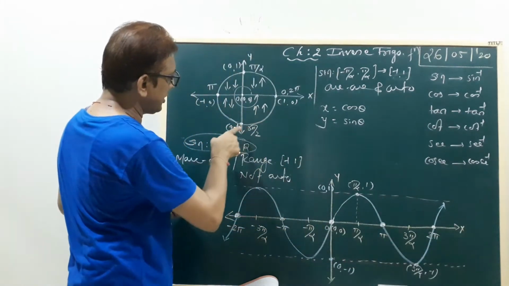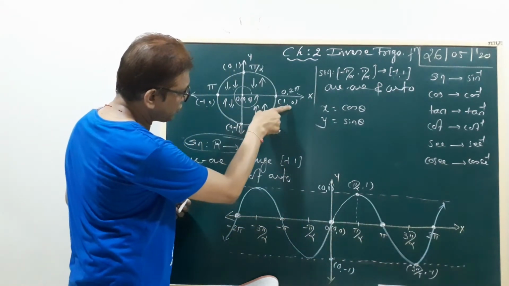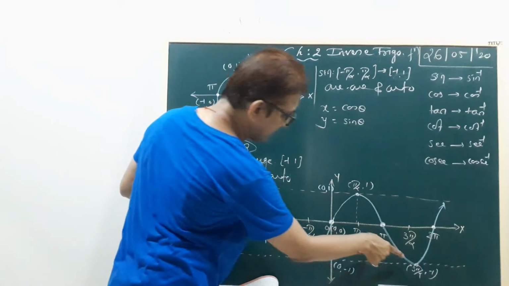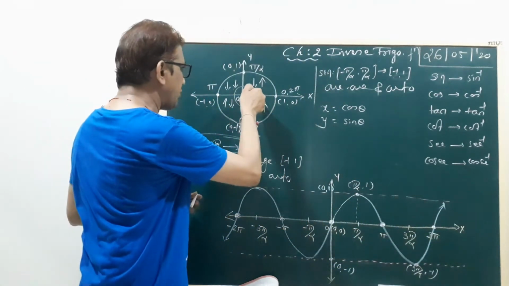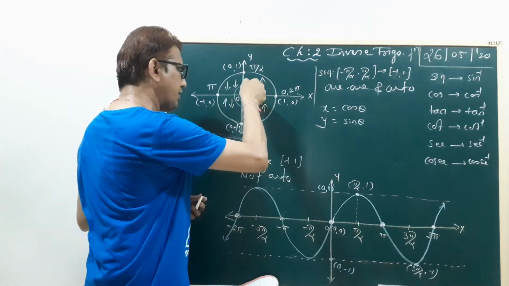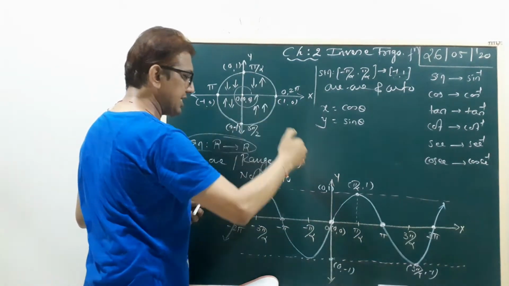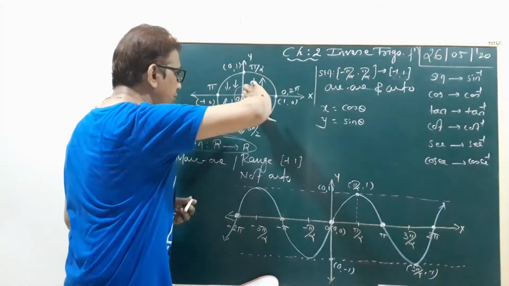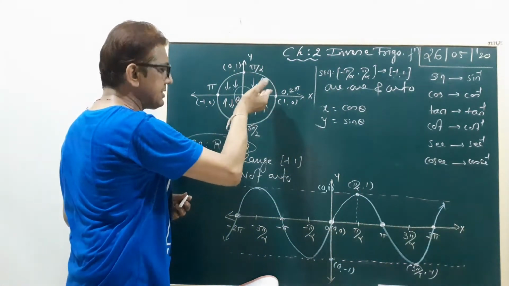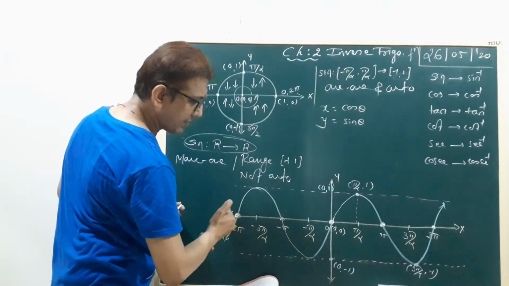Then in the fourth quadrant, the sine value goes minus 1 to 0, an increasing function. Clear? If we rotate the unit circle anti-clockwise, the graph is here. If we rotate clockwise, then the graph is this one.